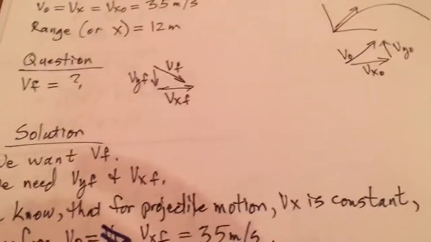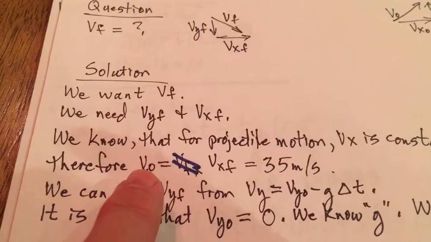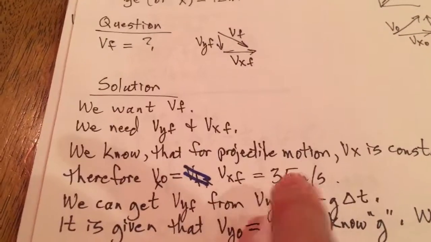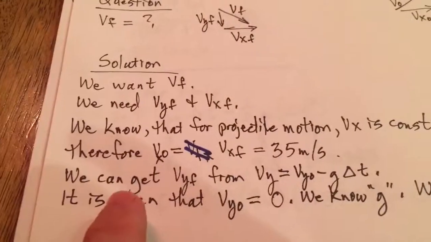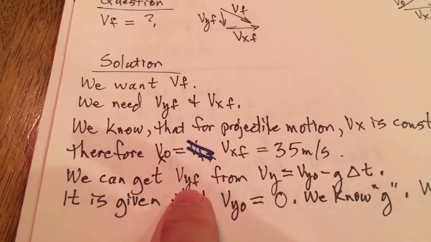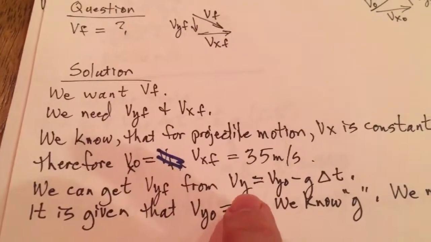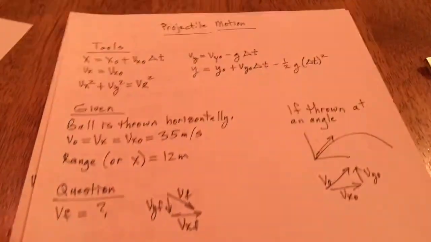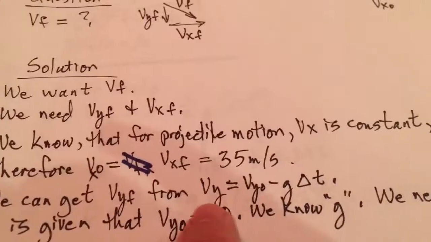We know that for projectile motion, Vx is constant, as we mentioned earlier. Therefore, Vx initial is going to equal Vx final, which is 35 meters per second. So we've got that number. We can get the final velocity in the y direction from this equation, because this comes from our toolbox.